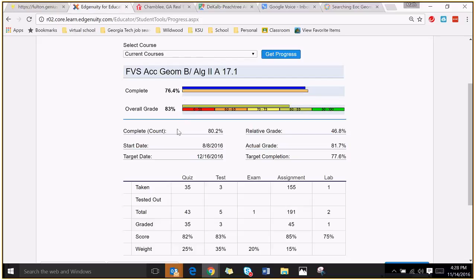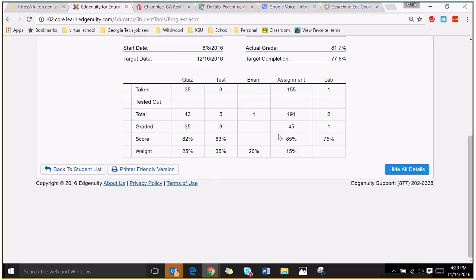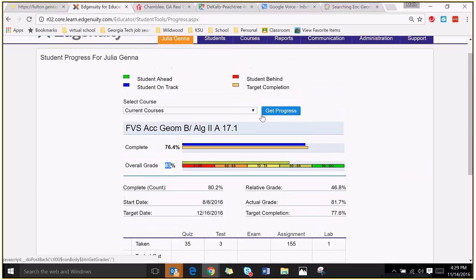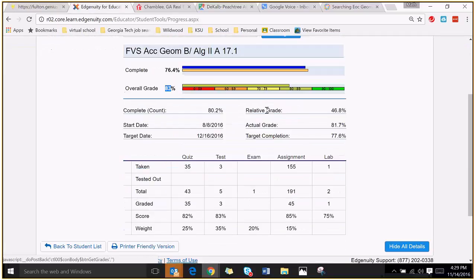The good news is that you still have that 83 in the class. If you get ahead over the Thanksgiving break next week, if you want to redo any of these assignments like you did the last time, you can redo them. Now, the final exam is going to be the EOC.